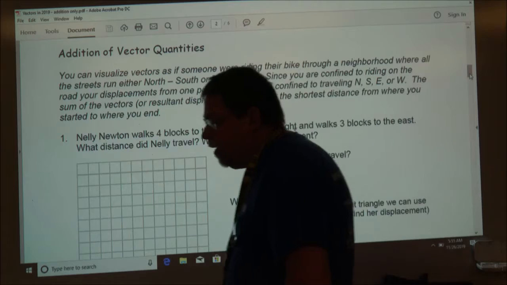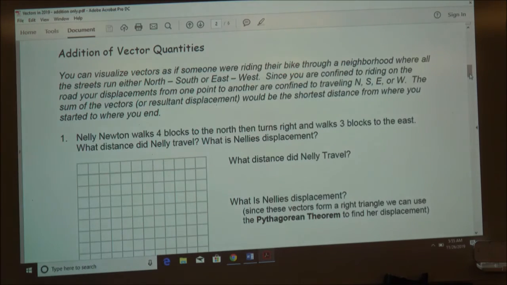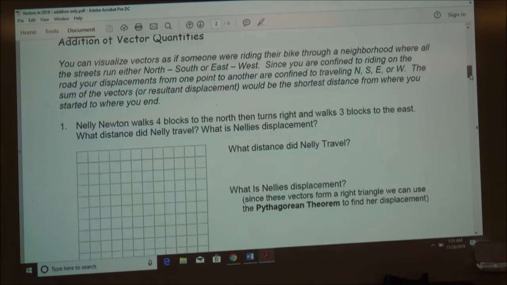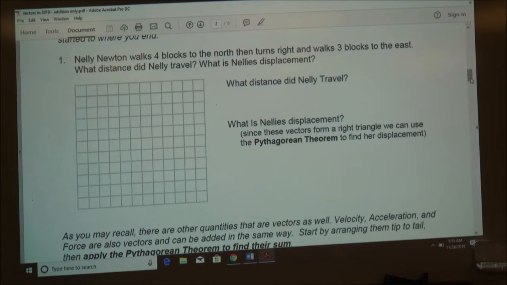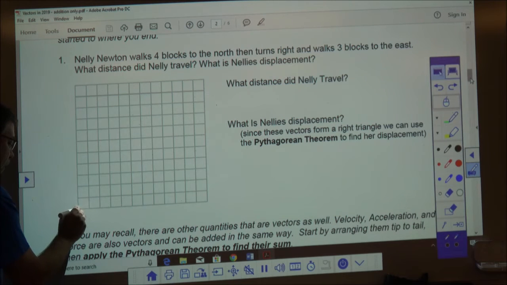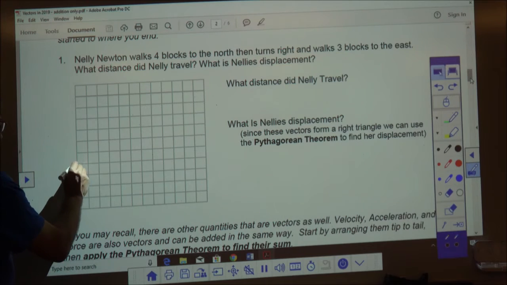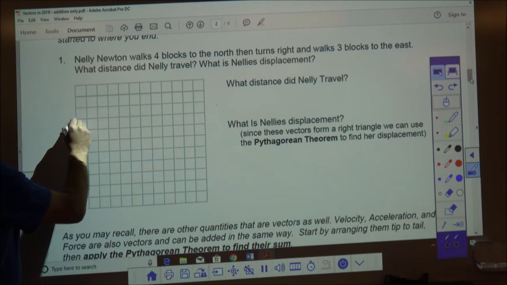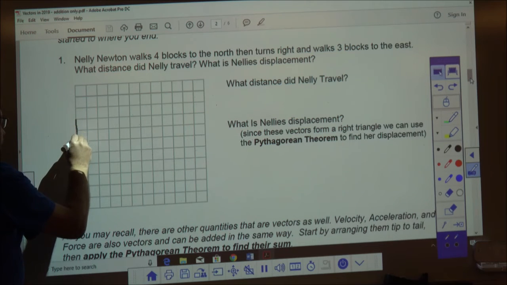So let's take a look at this one. Nellie Newton is going to travel 4 blocks to the north and then 3 blocks to the east. If Nellie Newton starts out right here and travels 4 blocks to the north, this is the first vector.